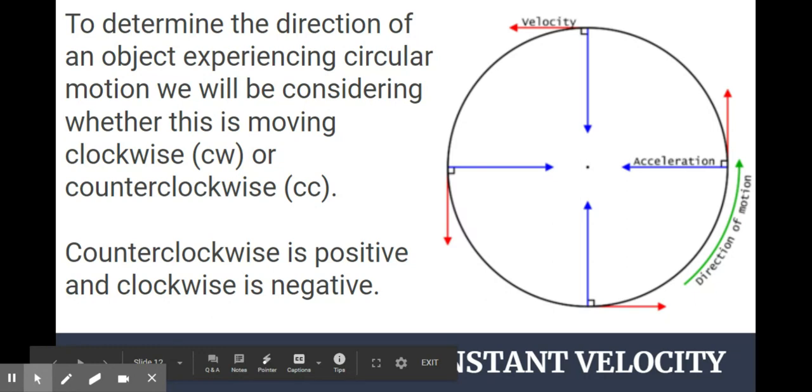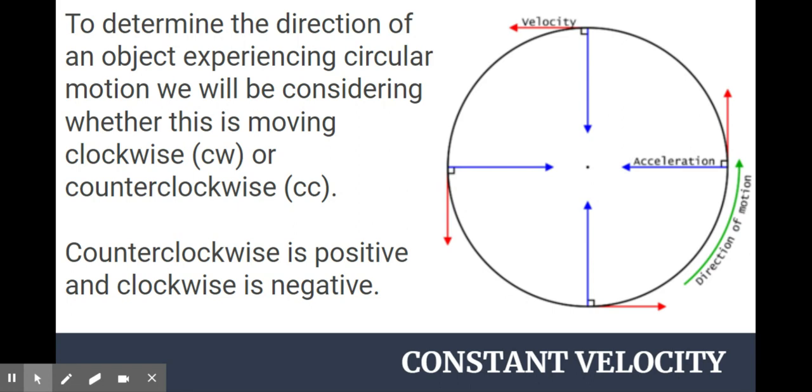Positive direction is counterclockwise. Clockwise is the negative direction. Now, just like our traditional XY coordinate system, if we feel the need, it's going to make our life easier to change the coordinate system, go for it. But typically, we refer to counterclockwise as positive and clockwise as negative.